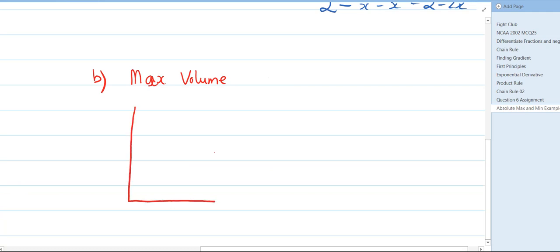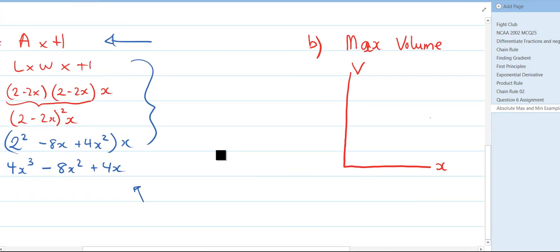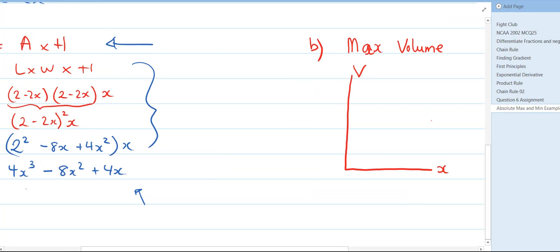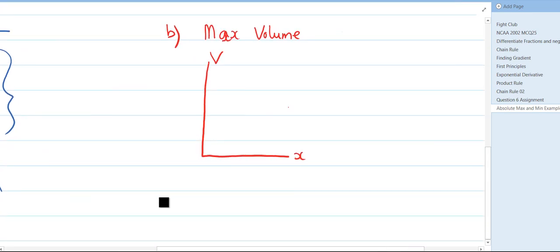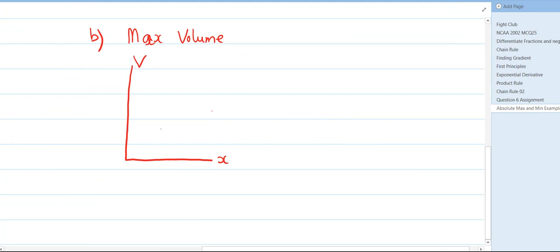So from here, if I asked you to draw V, this is X, and this is V. Hypothetically, whatever the graph looks like, I'm just asking, well, what if the graph reaches a maximum, because it's a volume equation, right? But actually, just to be more realistic, we know our equation from before, this is a cubic function. So I know V in terms of x is going to be a cubic type shape. So it could be like this. I don't know what it is. But let's say it does look like this.